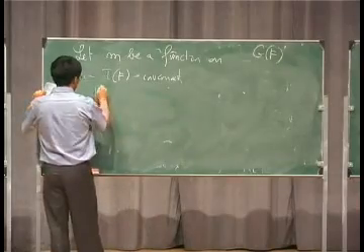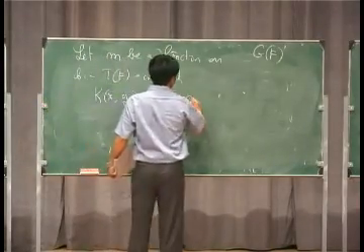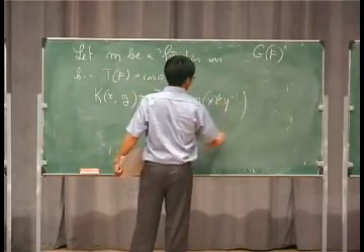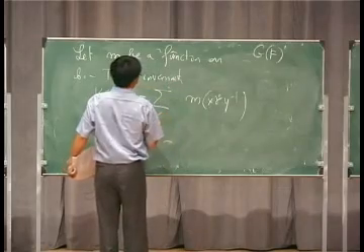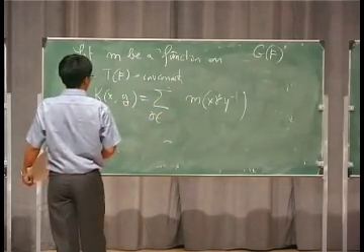Then I can define the kernel function K(x,y) to be the summation of m(x gamma y inverse) for all gamma in G of f. Let me try to understand whether what I write makes sense or not.